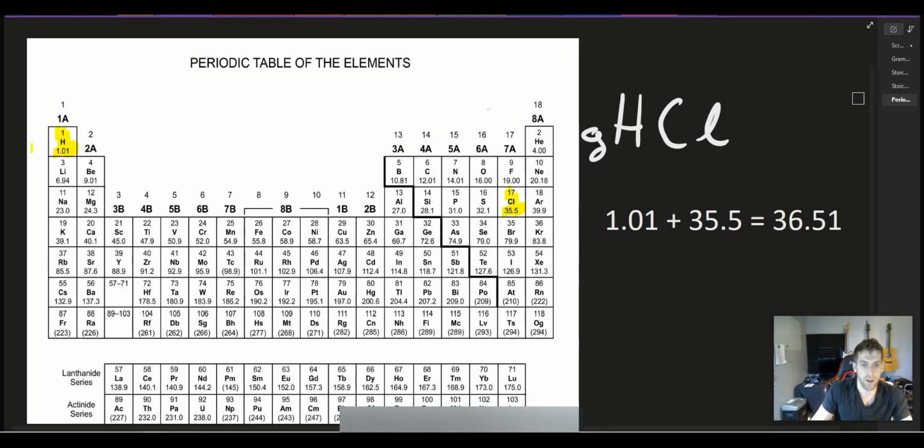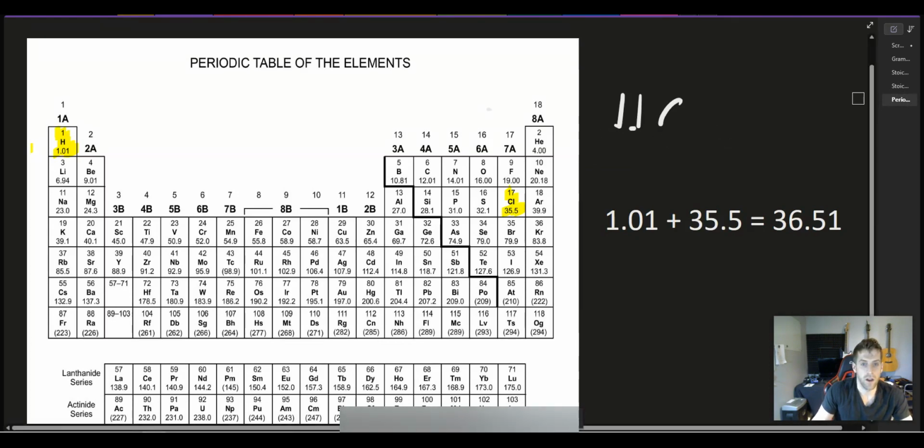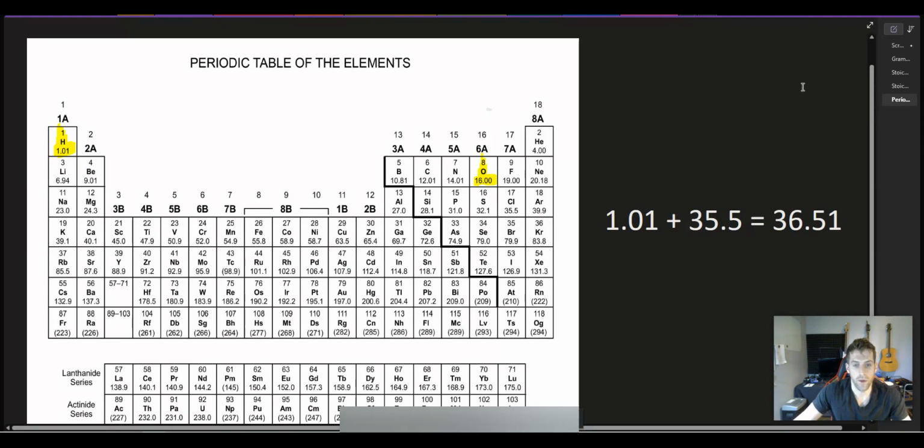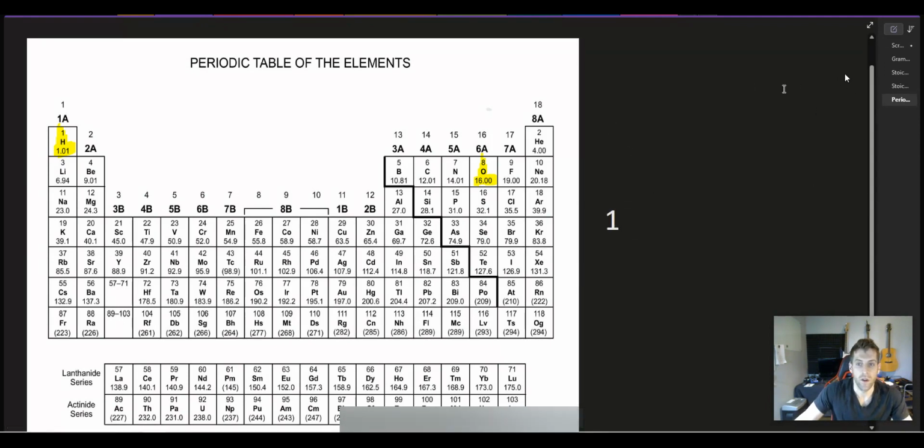So I'll erase what we have here and erase what we have highlighted, and we'll re-highlight. We have 1 H. Okay, so we're back to highlighting this, 1.01, and we have O. H2O, I'll erase this current equation, I'll leave the 1 there.